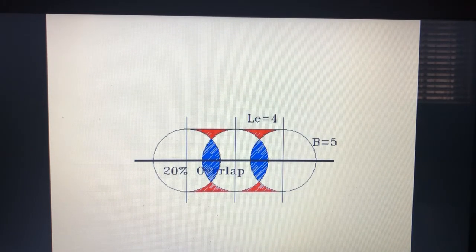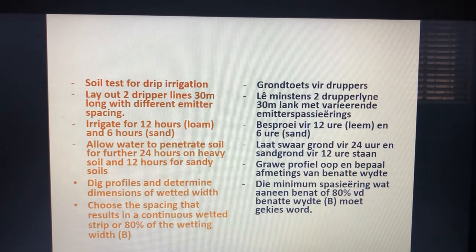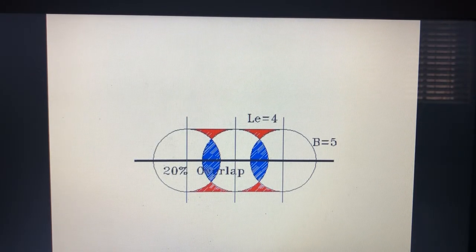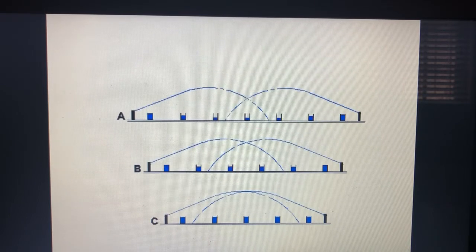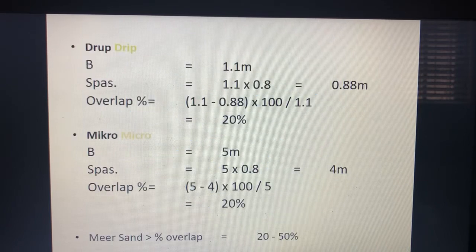To make sure everyone understands what that means, you have two drippers or micro sprayers next to each other, and you want to make sure that 80% of the strip is continuously wetted. You want that 80% coverage, or 20% overlap. So in this case, you would want something more like A than the other two scenarios.